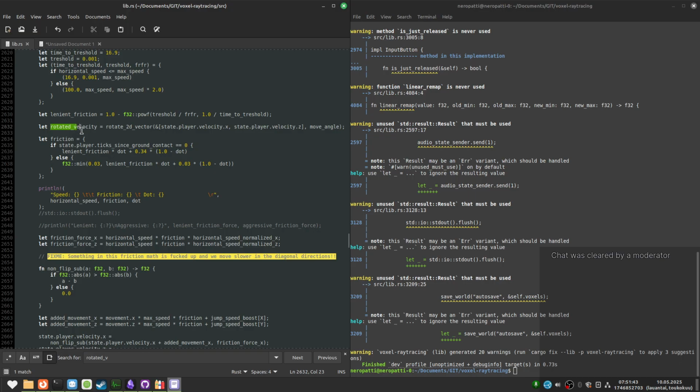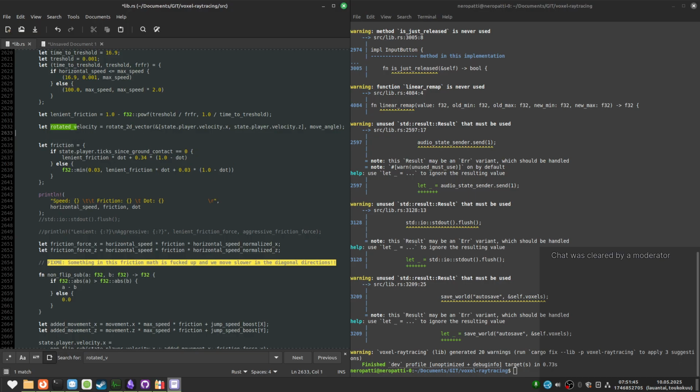The rotated velocity. And then we have the lenient friction and we have the normal friction. Or we have the aggressive friction rather.